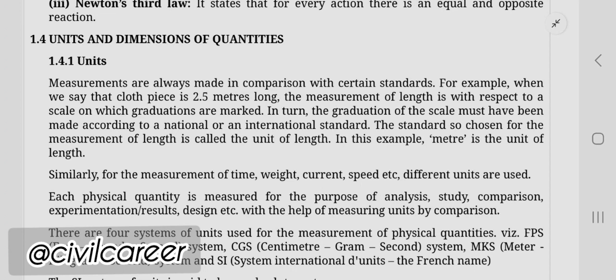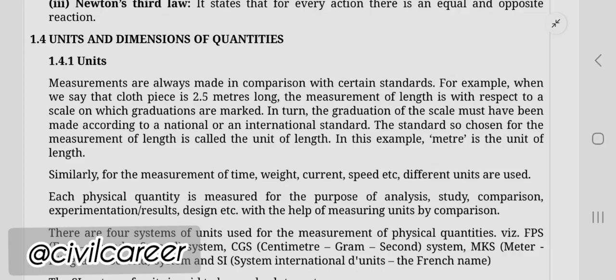There are four systems of units. In some textbooks some authors mention three systems of units, but here we discuss four systems of units used for the measurement of physical quantities. First one is FPS, which means foot, pound and second.